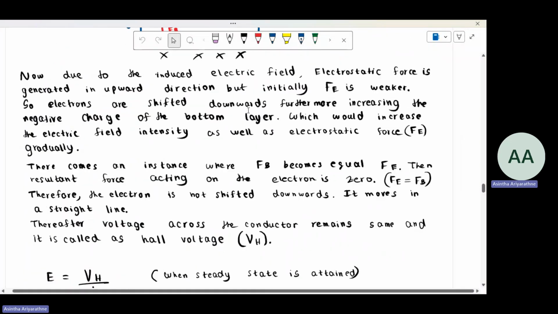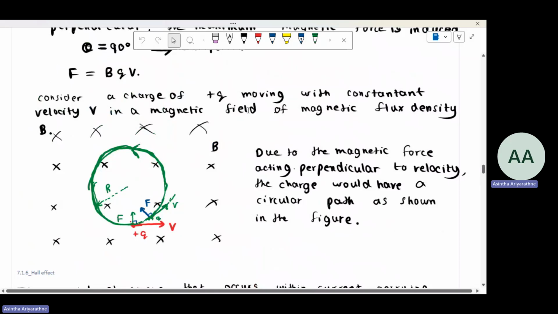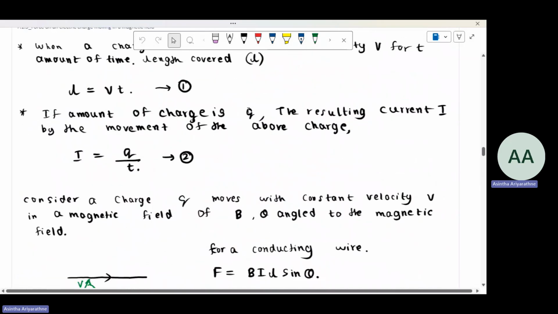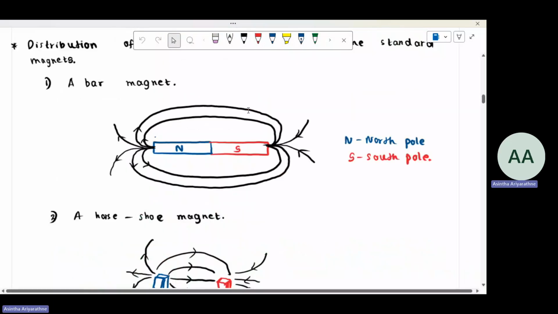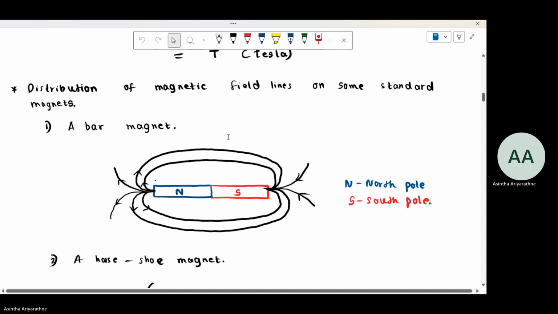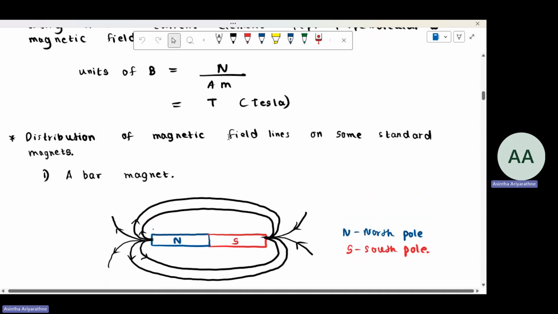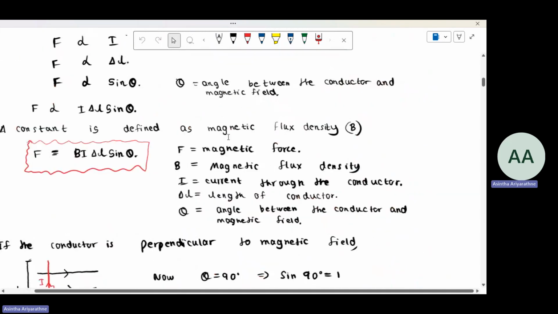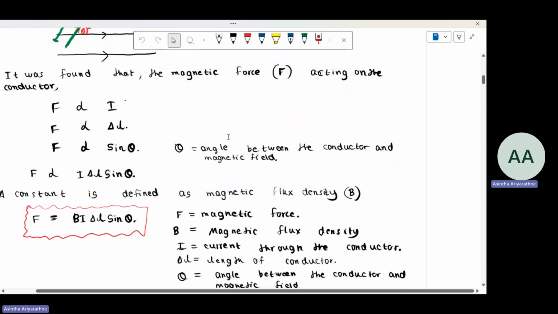Right, so up to now we have learned the magnetic force. We have learned a couple of equations for magnetic force: the force acting on a current carrying conductor placed in a magnetic field, as well as the force acting on a charge moving in a magnetic field.